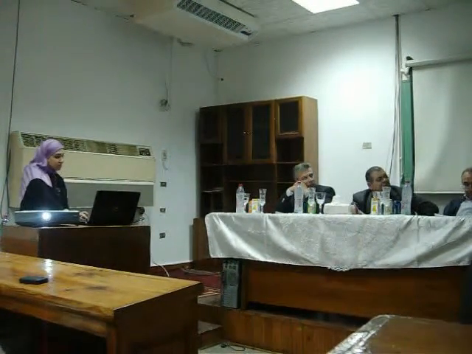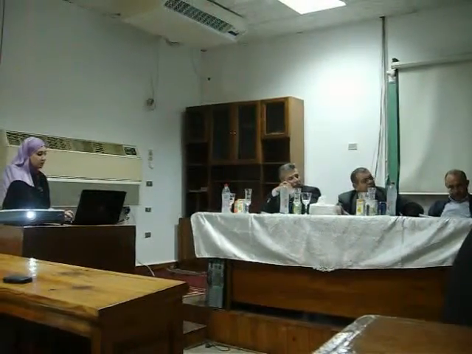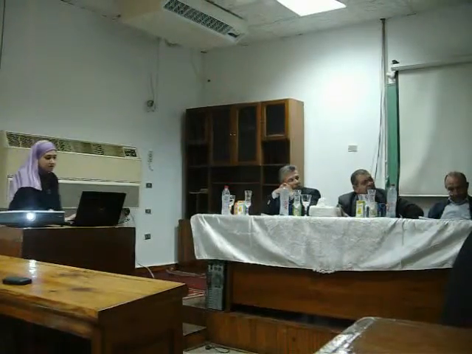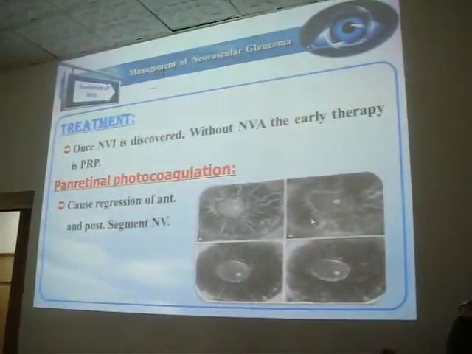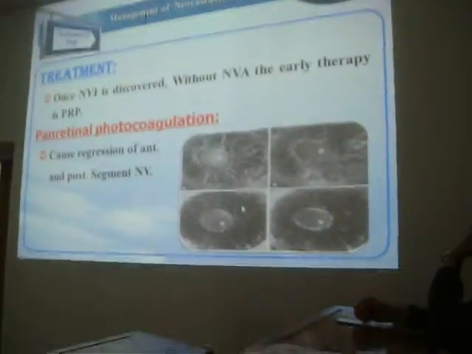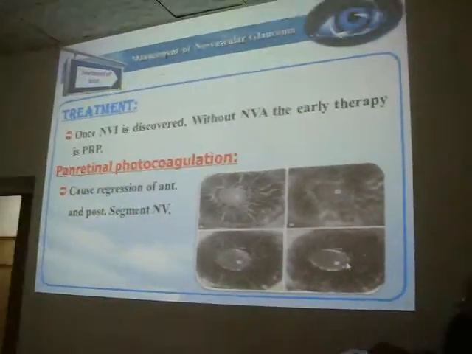Treatment of early stage: once there is neovascularization of the iris without neovascularization of the angle, the early therapy is PRP. This image shows neovascularization of the iris and leakage; after 1 month of PRP, the vessels decrease and the leakage decreases.